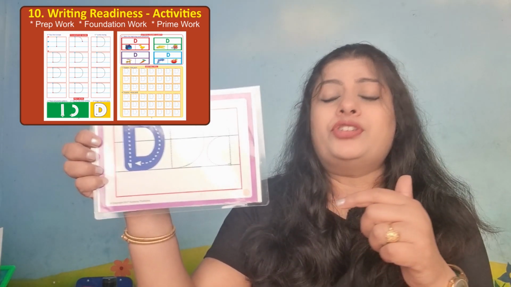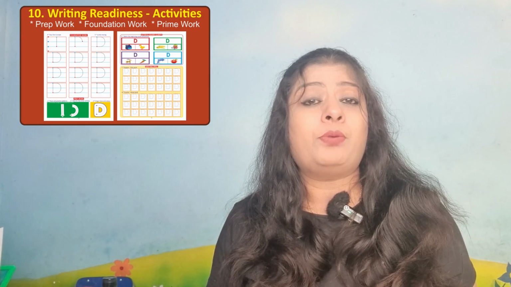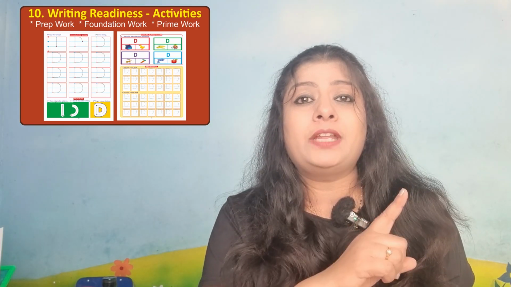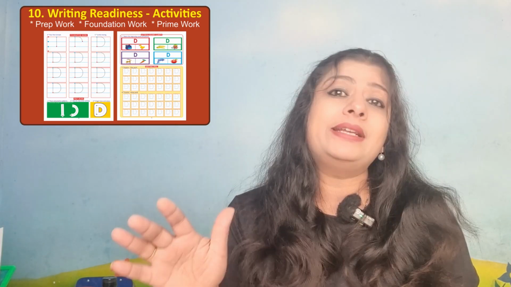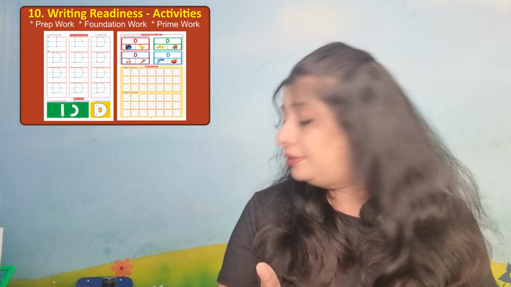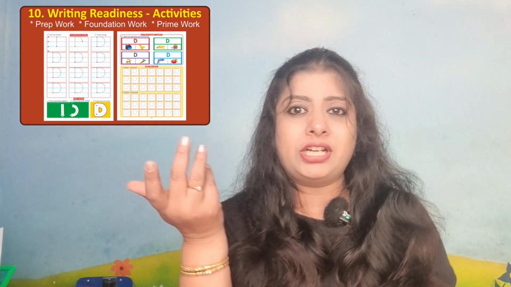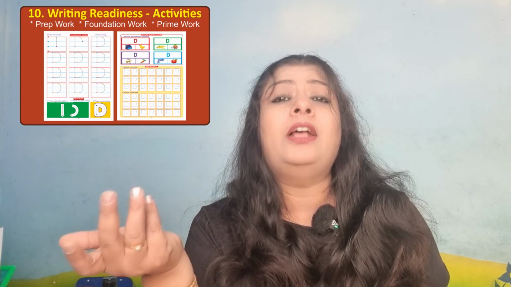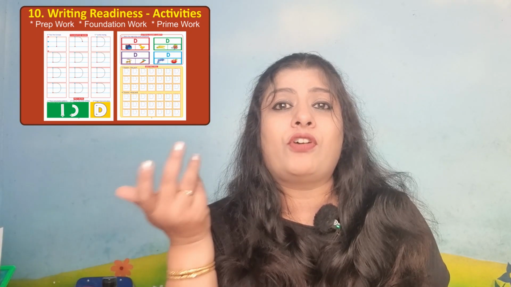So go ahead, trace these letters. I'm revising only the important ones. You will have to watch my previous videos to know various tracing and writing readiness activities. And only after this, you will use your worksheets. I've shown the worksheets as well. So use all the worksheets for creative activities, and then trace or write D in your book.